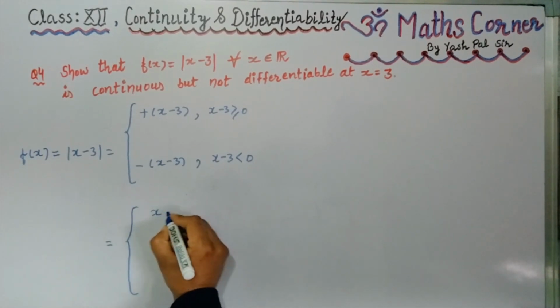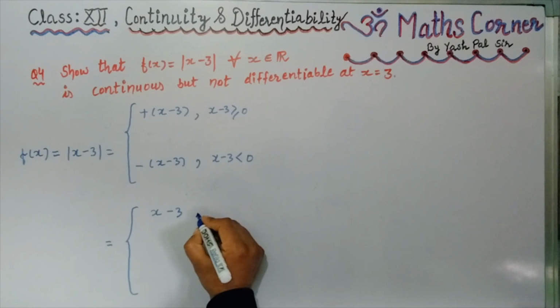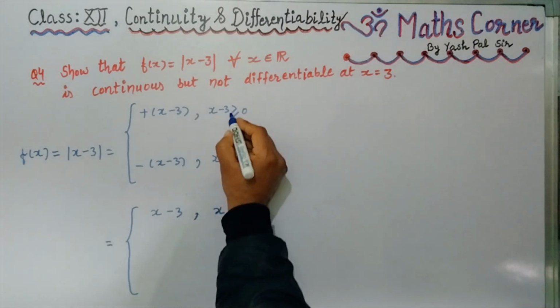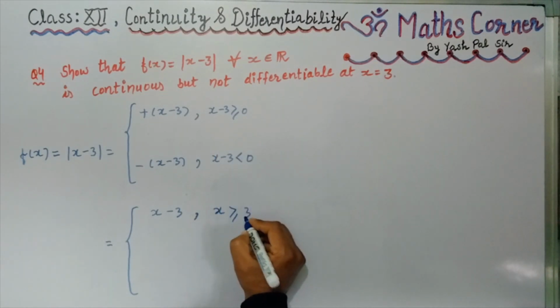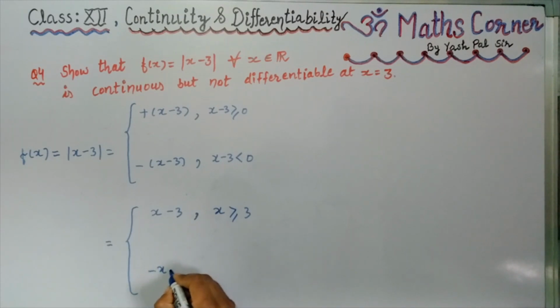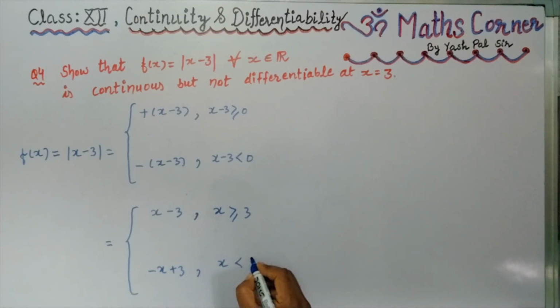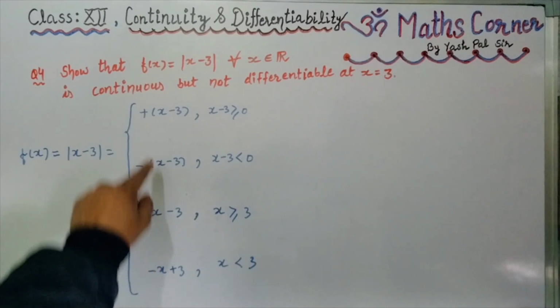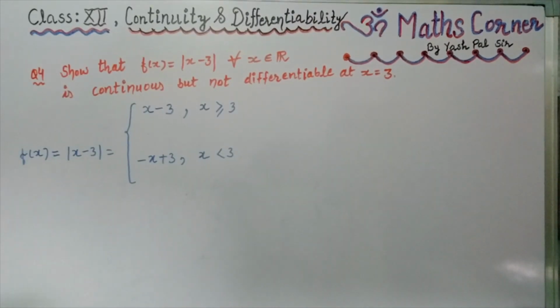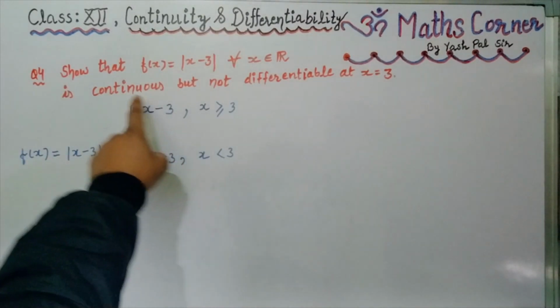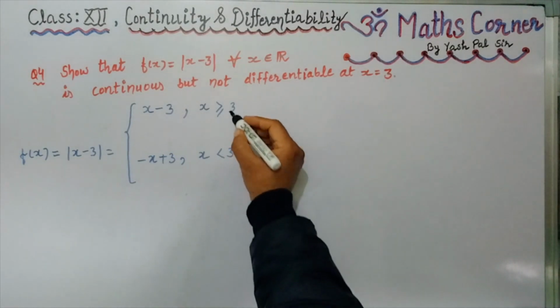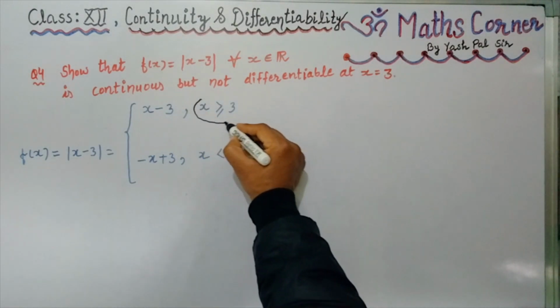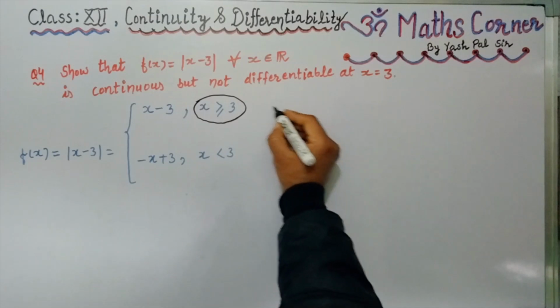From here we conclude it is x minus 3 when x is greater than or equal to 3, and minus x plus 3 when x is less than 3. This way we write the function. Now first of all we check the continuity.